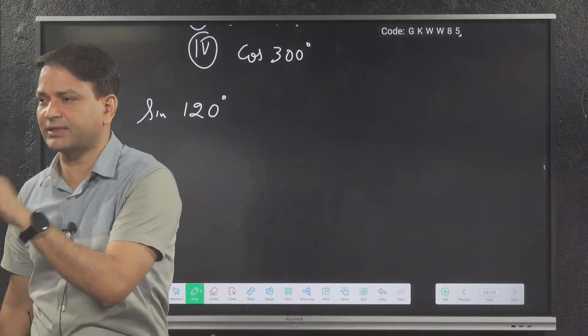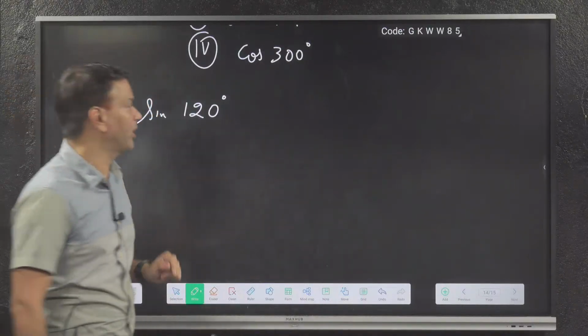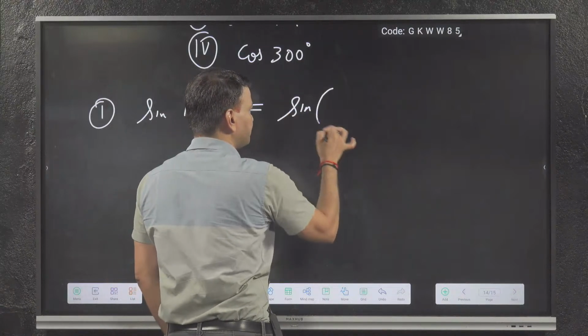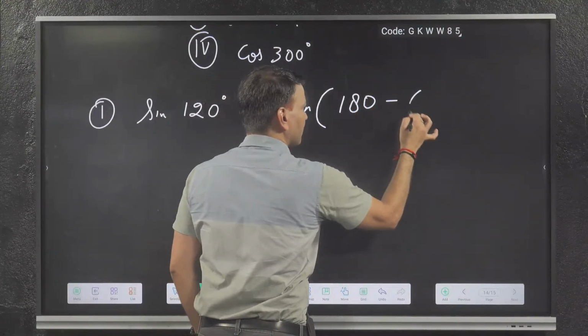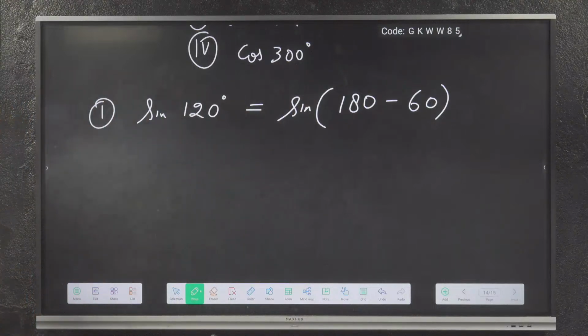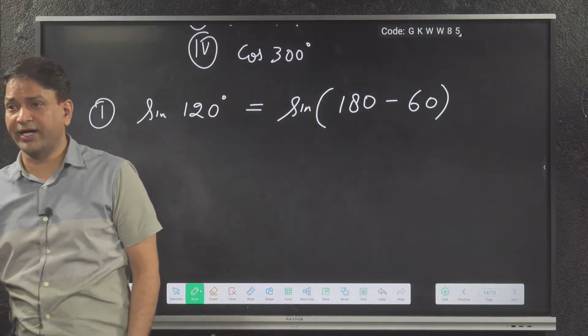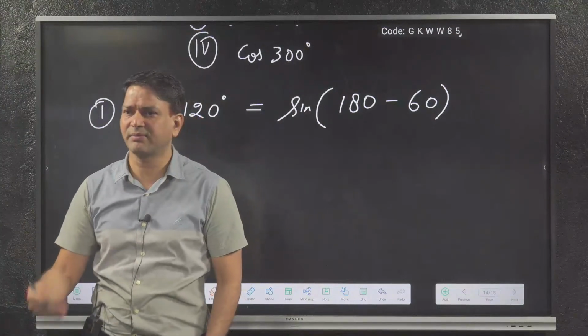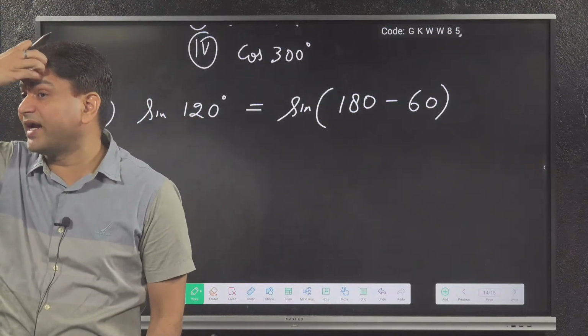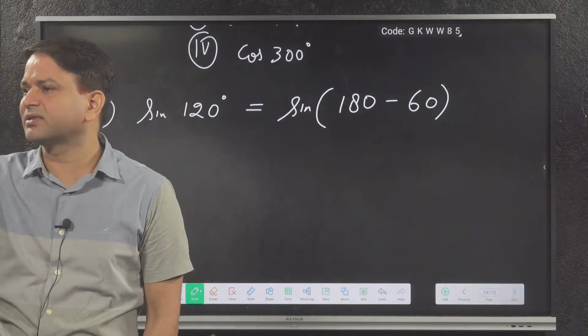From that we will decide the quadrant also. Everybody got what I said? So I got sine 120 is sine of 180 minus 60, because 180 minus 60 is 120.